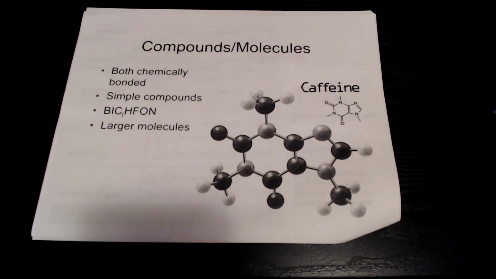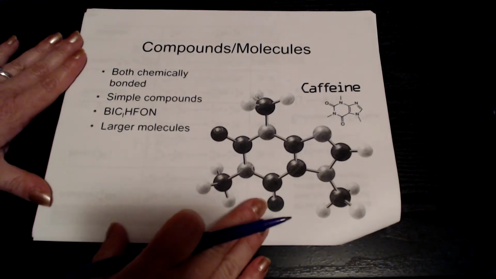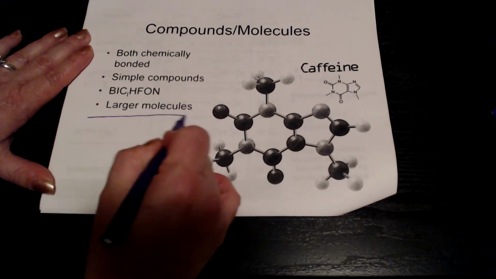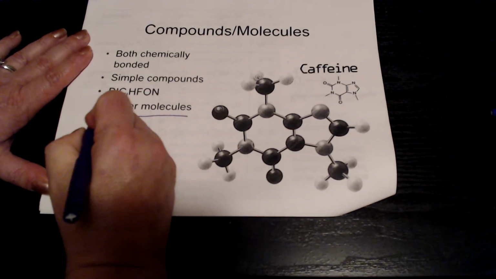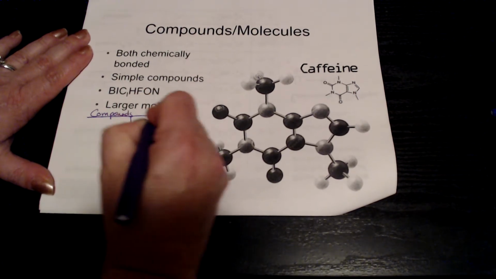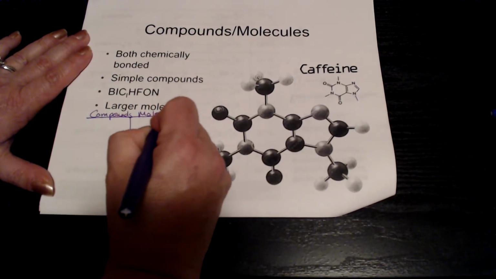Okay, a couple of last things to do here. Hopefully it won't take us too much longer. I want to make sure that we know the difference between chemicals that are compounds and chemicals that are molecules. I want to make a little chart down here. I'm going to move this up a little bit so that we can see better. Compounds versus molecules.